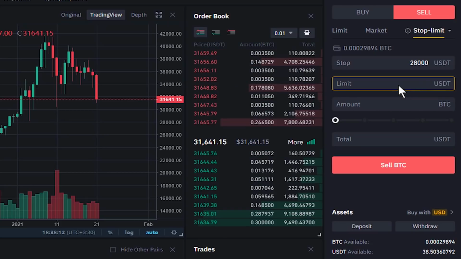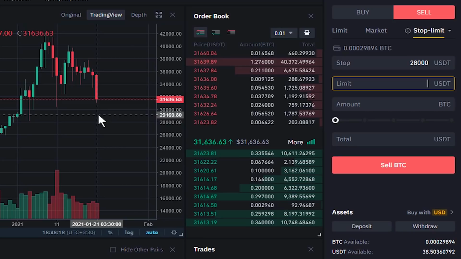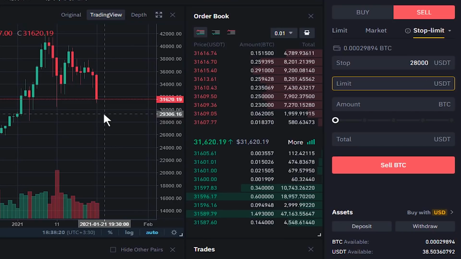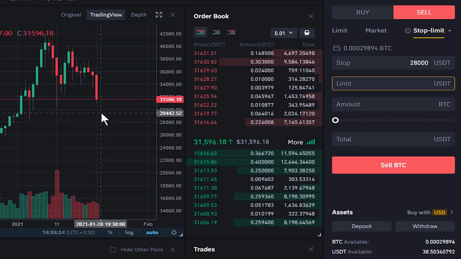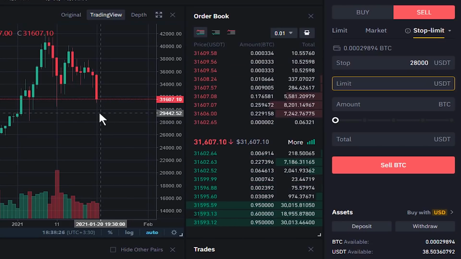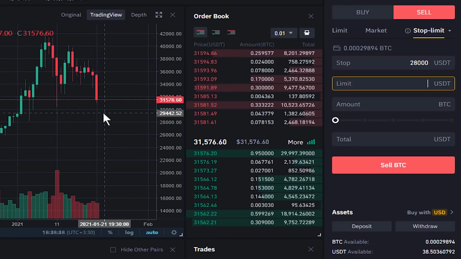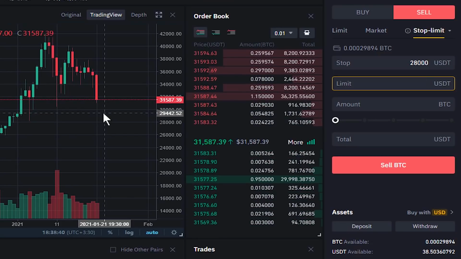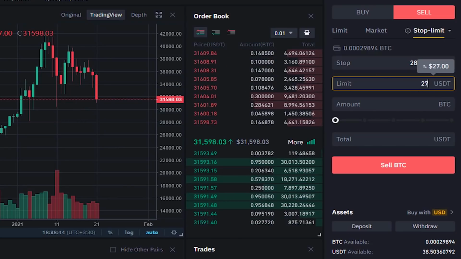Why? Because when the market is highly volatile and the price is declining sharply, your order may not get filled and your position may go to more loss. So by placing the limit price a little lower than the stop price, you will have a higher possibility that your order will get filled when the price reaches the stop price. So we set it, for example, to 27,000.